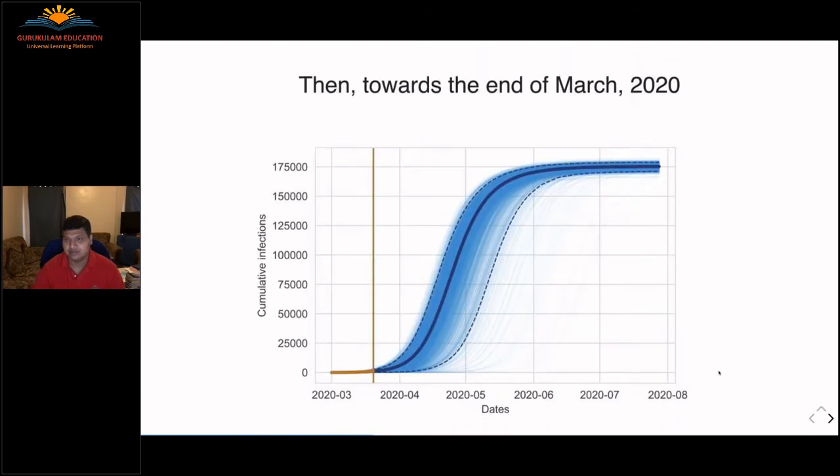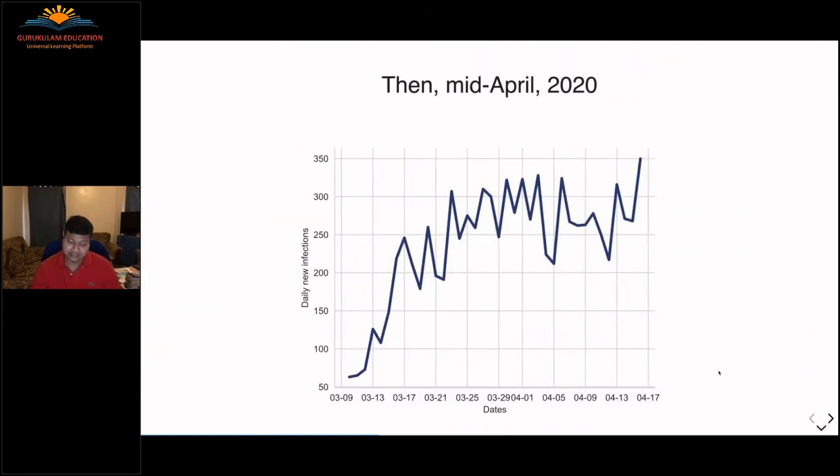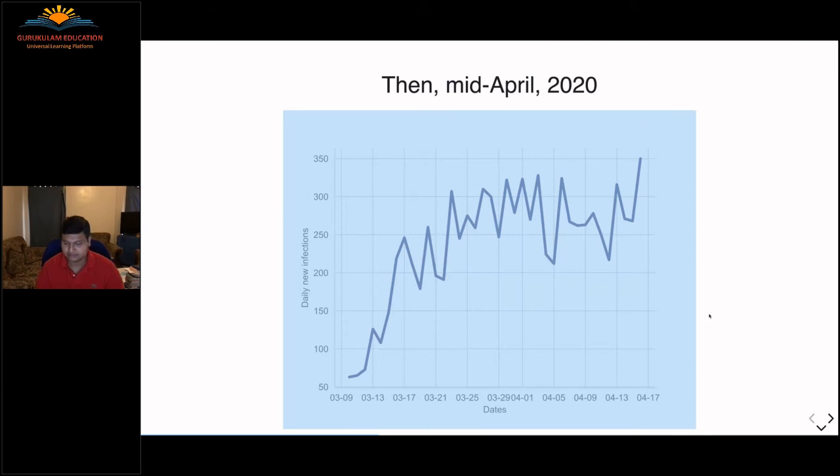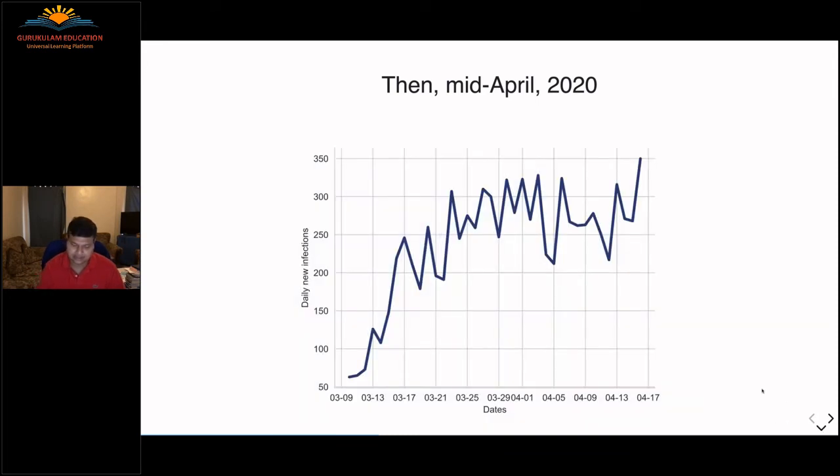Long story short, we had to revise our models. Now again, this is data till mid-April. As you can see, we have initial exponential growth, but then there's plenty of plateauing going on. It looks almost like a straight line here. So instead of an exponential growth, what we see here is a linear growth.